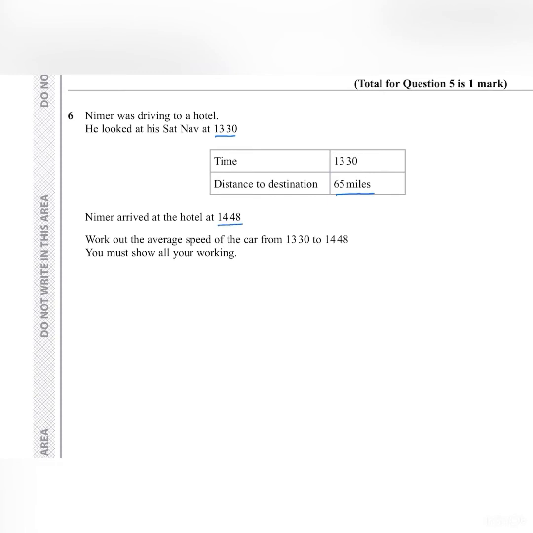Work out the average speed of the car from 13:30 to 14:48. Okay, so you must show all your working. Now the average speed is distance divided by time, and we have the distance, which is 65, and the time between 13:30 to 14:48.